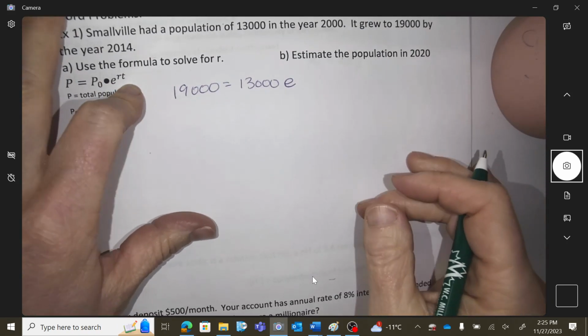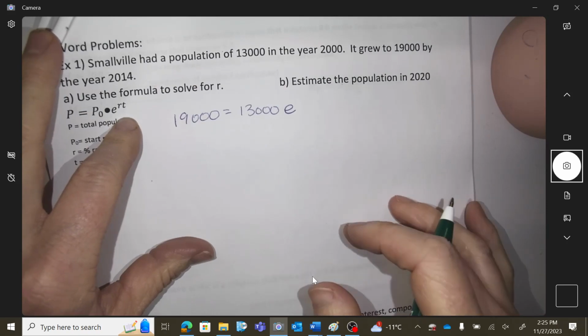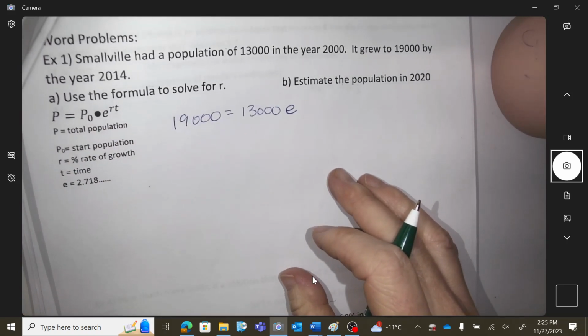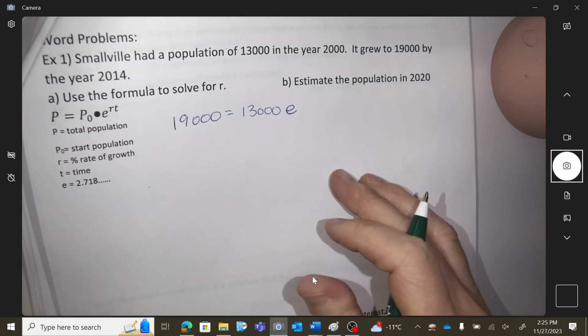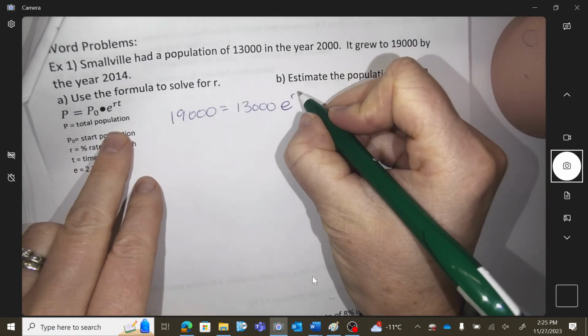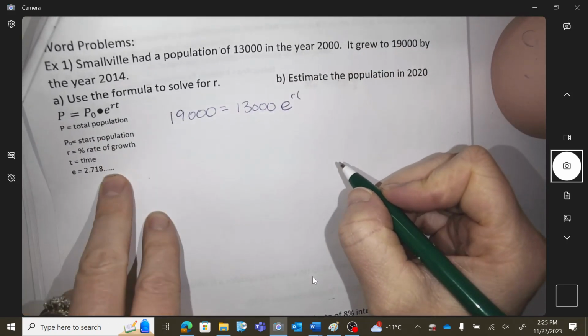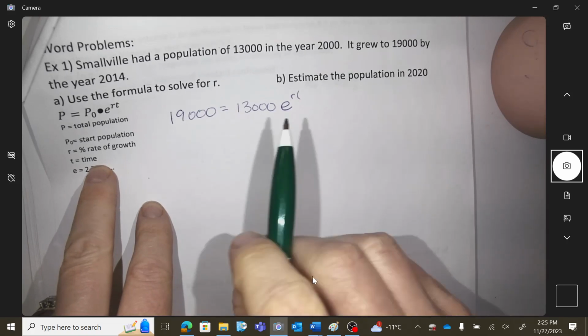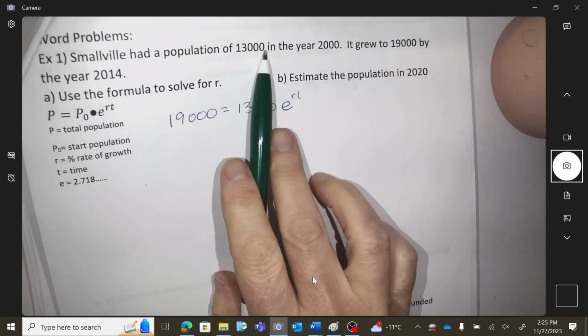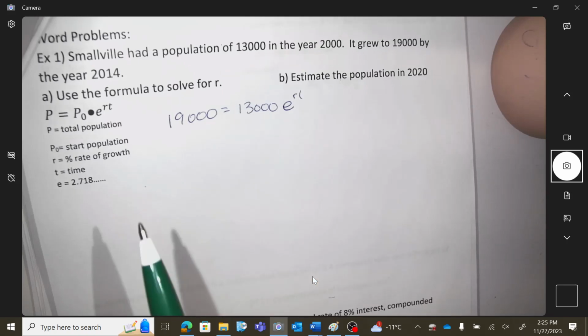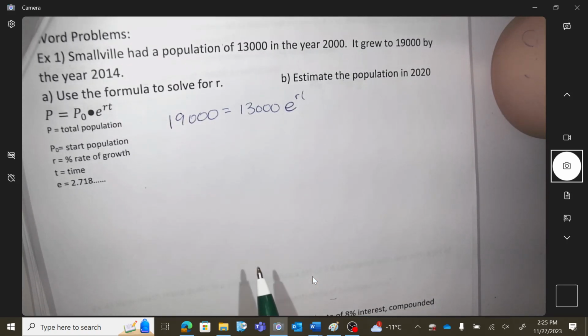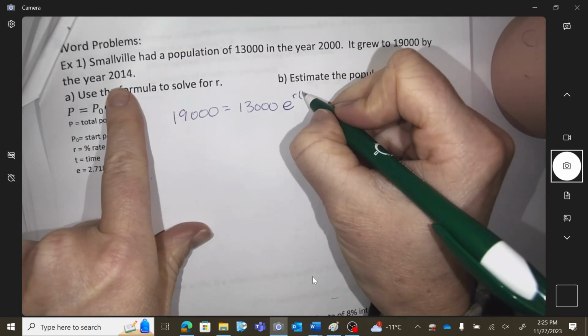We don't know the rate of change. Okay, so we're just trying to see what's the rate of this population growing, which we don't know, times T, which is the time in years. How many years has gone by where the population changed from 13,000 to 19,000? How many years went by? 14.